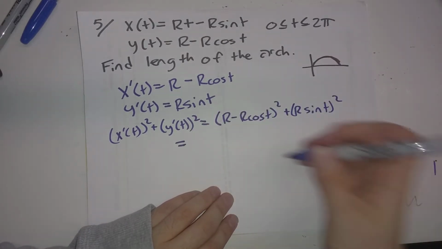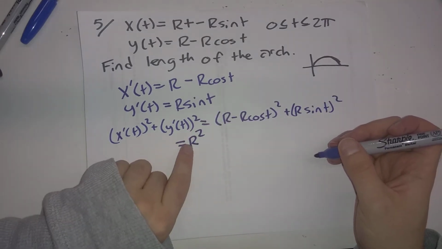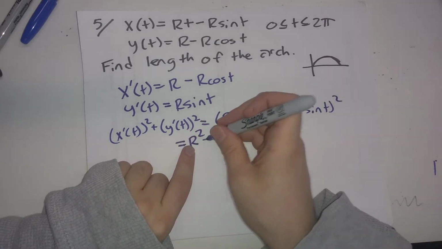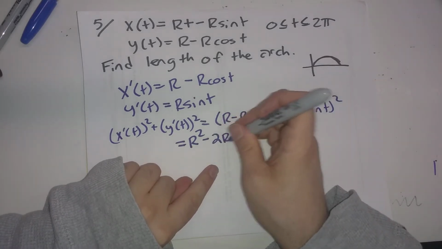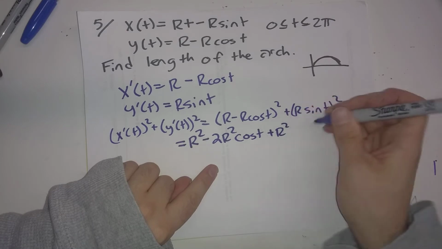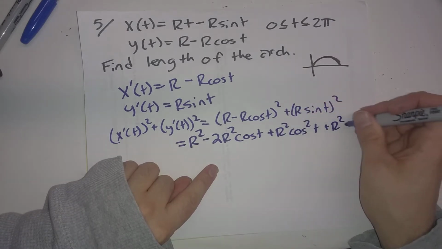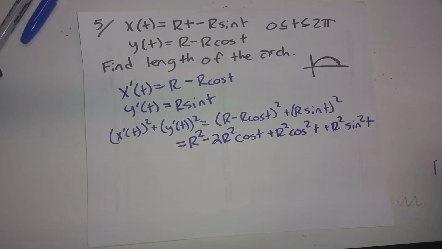And when we expand everything out, we have an r squared minus 2r squared cosine t plus r squared cosine squared t, and an r squared sine squared t.